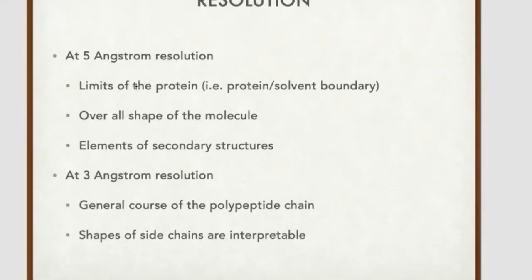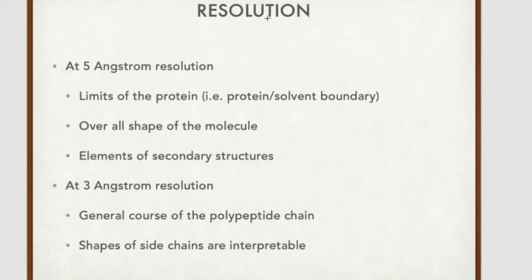So what can we observe at different resolutions, because we are saying that resolution is one of the very important factors, right? If you take the protein molecule at 5 angstrom resolution, we can clearly see the limit of the protein molecule: where the protein is present, where the solvent is present, and the boundary between the protein and the solvent can be very easily observed.